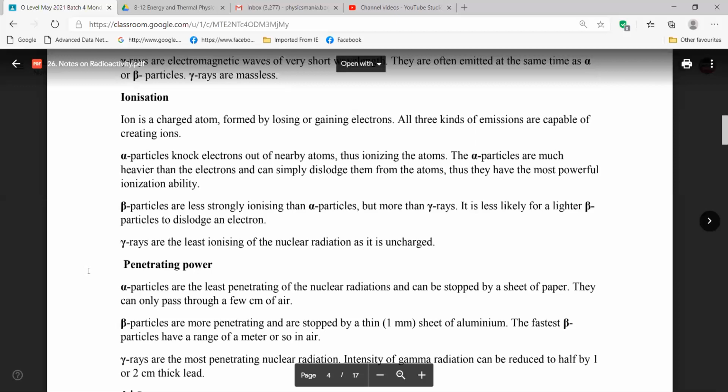That's why the alpha particles have greater ionizing power. So I think you are clear now. Are you clear? Yes, sir. Fairly, not strongly.